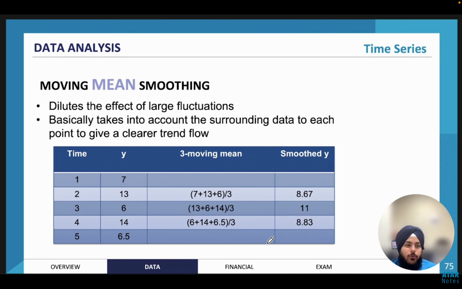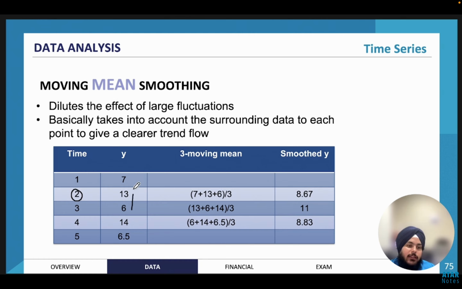First we'll look at moving mean smoothing. Moving mean smoothing is to dilute the effect of large fluctuations. Basically it takes into account the surrounding data of each point to give a clearer trend flow. An example of this is using this table over here. Let's say we're trying to calculate the smoothed mean value of time 2, and let's do a 3 moving mean.